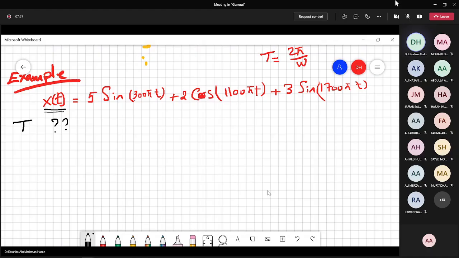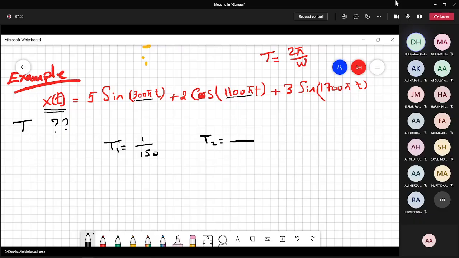So T1 is equal to 2 pi divided by 300 pi, so it is 1 over 150. T2 is equal to 2 pi divided by 1100 pi.